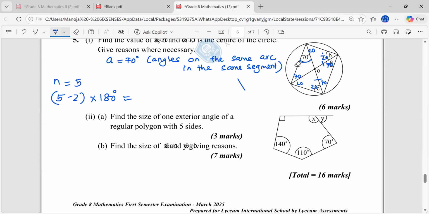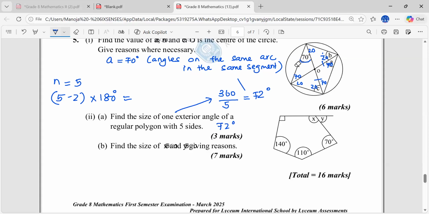Here they are asking the size of one exterior angle of a regular polygon with 5 sides. They are talking about the exterior angle now. All the exterior angles add up to 360. You divide this by 5. 5 times 7, 35, 72. The exterior angle is 72.